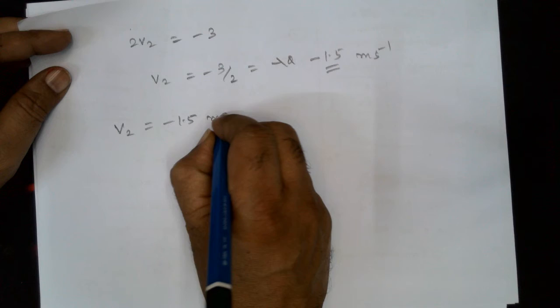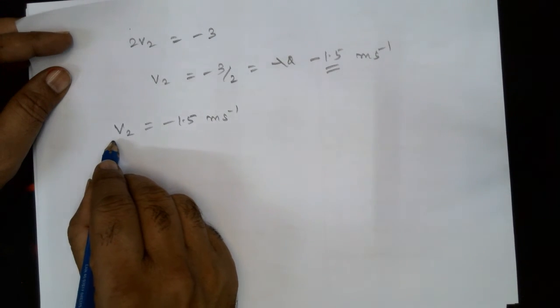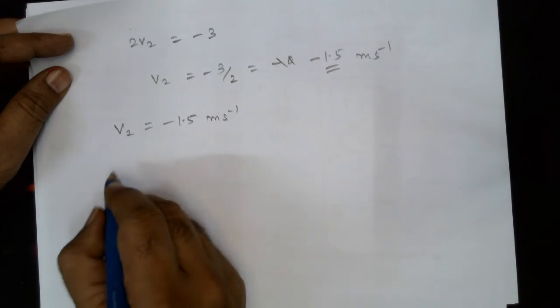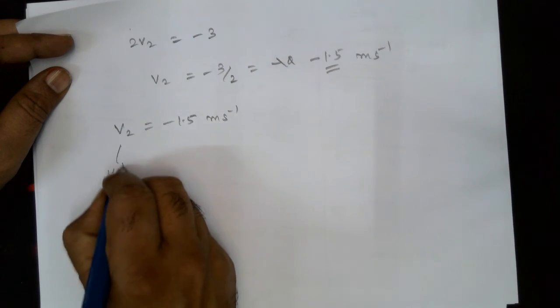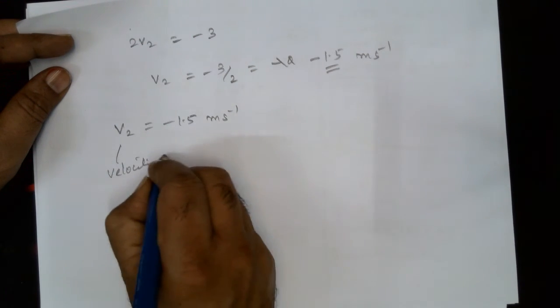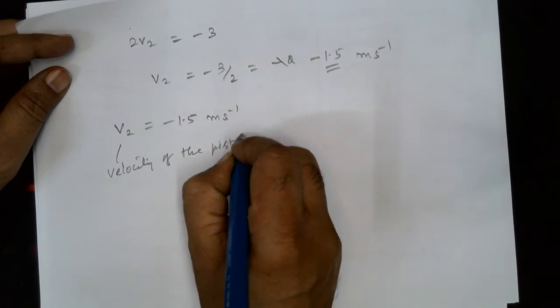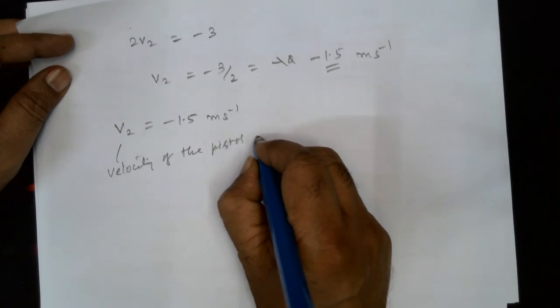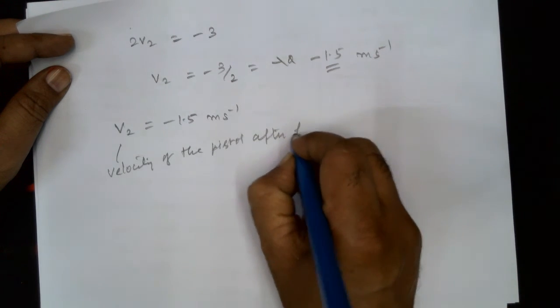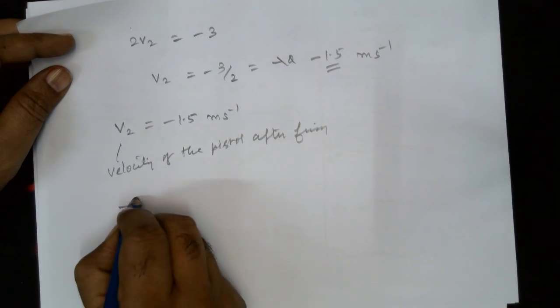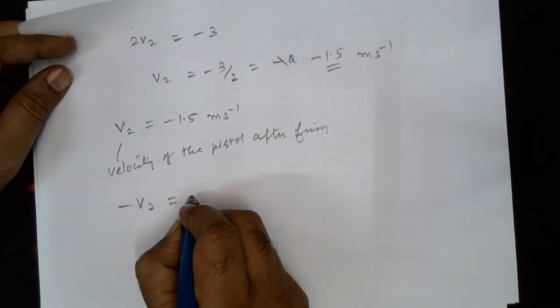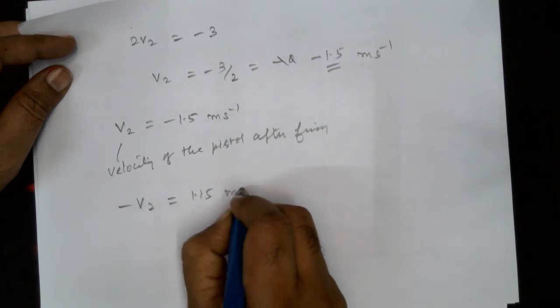Otherwise, we can say this is the velocity of the pistol after firing. That is the final velocity of the pistol after firing. Okay? Now this can be written as minus V2 is equal to 1.5 meter per second.